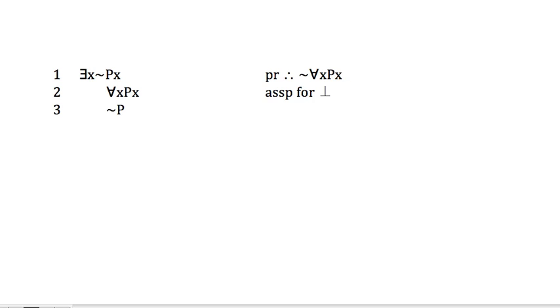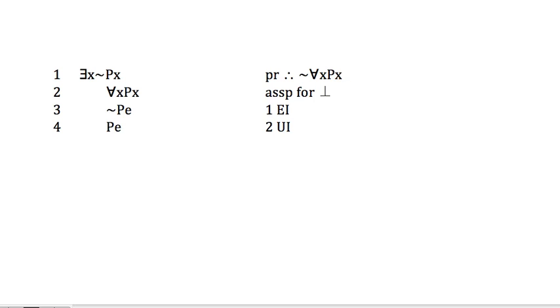We'll get not PE. So you'll see that the proof is in many ways very similar, from 1 by EI. Then we can do our universal instantiation. From line 2, we can get PE, because the rule of universal instantiation is unrestricted. We can write any term we like. And so from 2 by UI, we get PE.